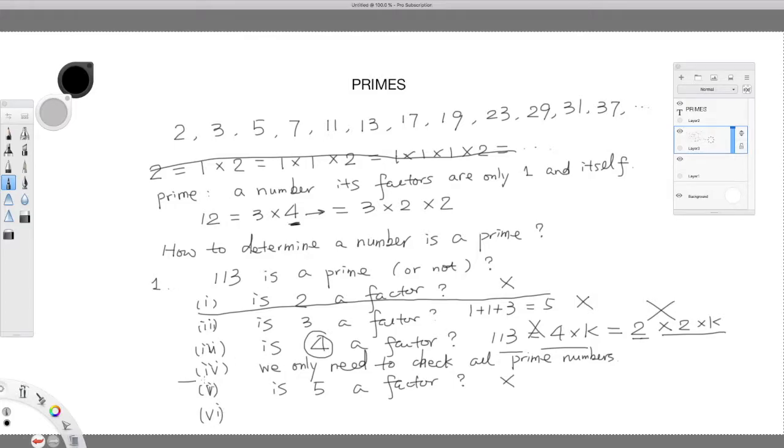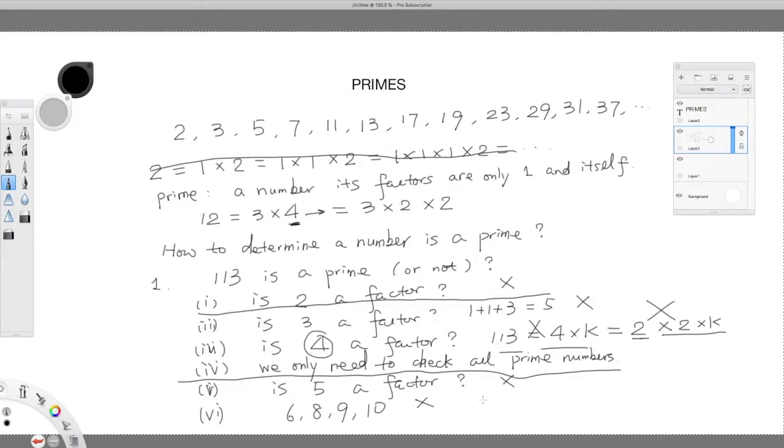Because of the factor 4, do we need to check if 113 is a multiple of 6 or 8 or 9 or 10? No, we don't. All those numbers cannot be factors of 113. In other words, 113 cannot be a multiple of 6, 8, 9, 10.